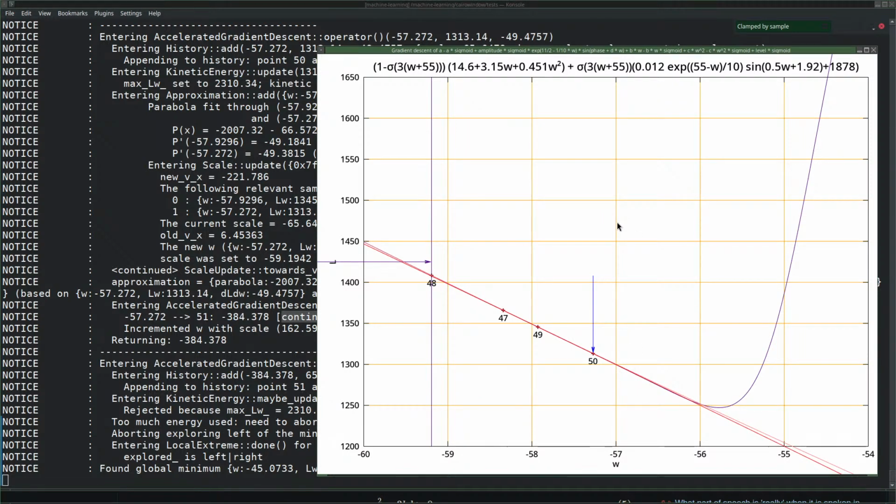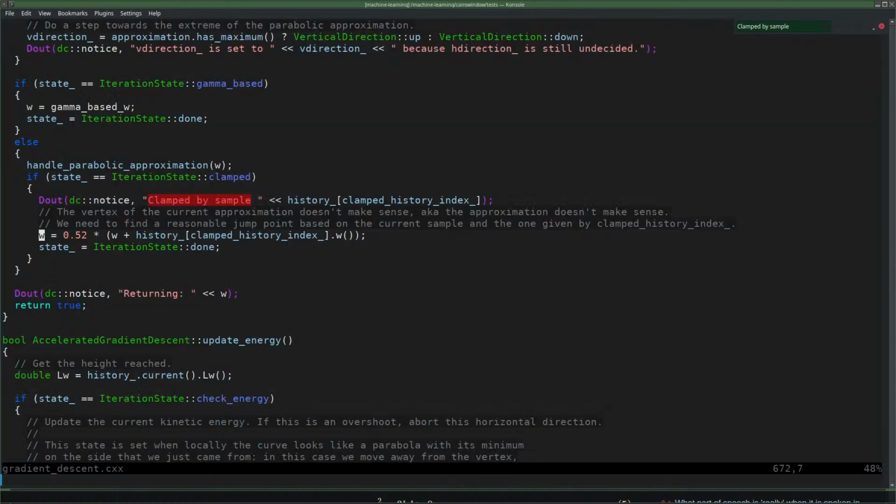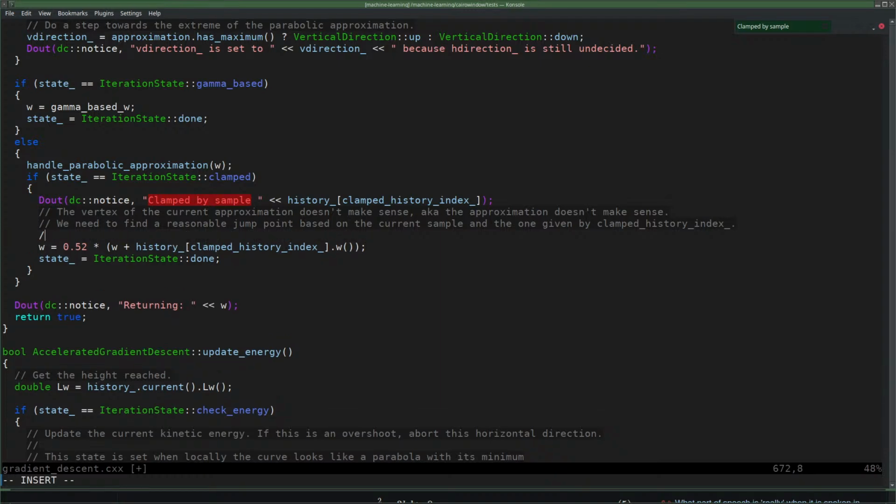Okay. And I want to see what happens if I make it a little bit smaller.